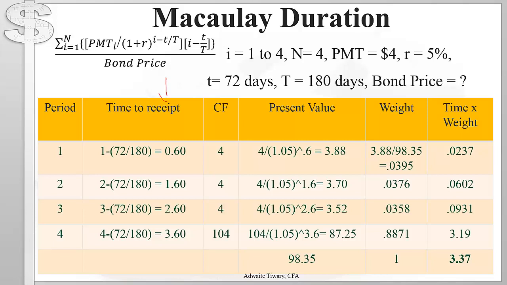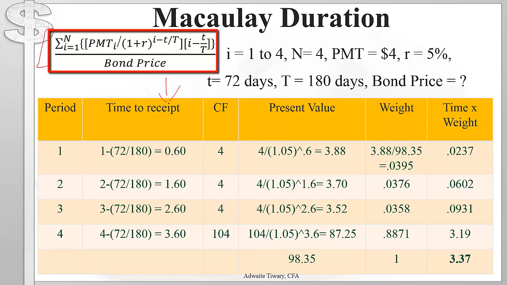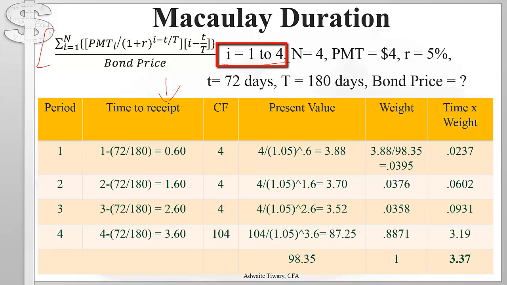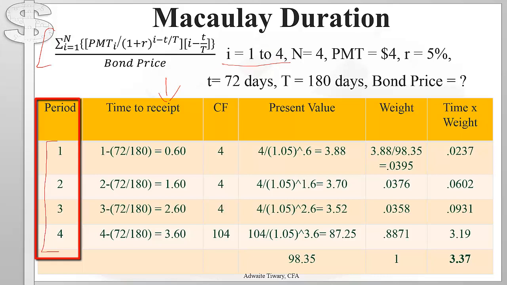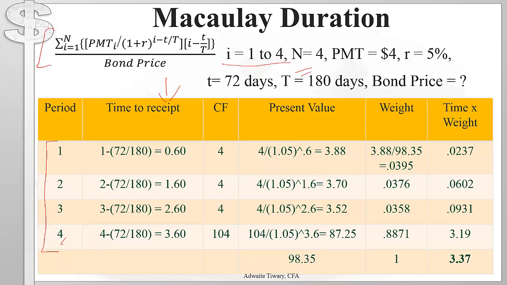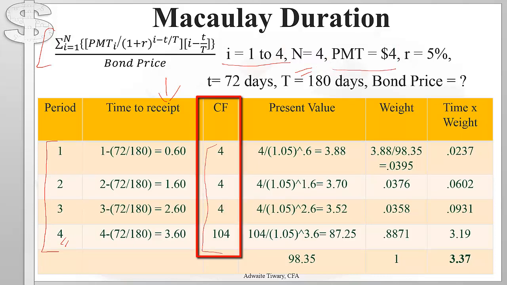This table uses the Macaulay duration formula. We saw on the previous slide that i goes from 1 to 4, which are the number of periods here. N equals 4. Payment is $4 every period, and in the last period we get the face value of $100 back.